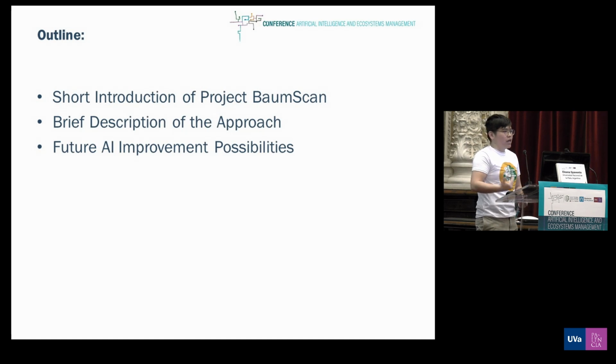And third, I want to pose possibilities for AI improvement in this algorithm. I'm really happy to hear all the good ideas from all of you, because you're experts in AI.